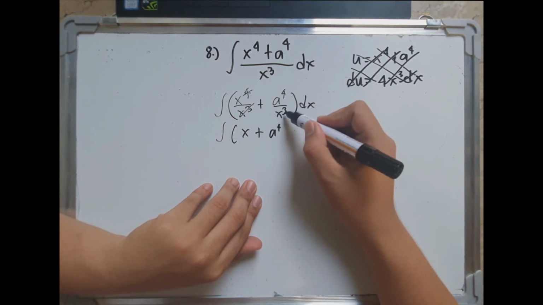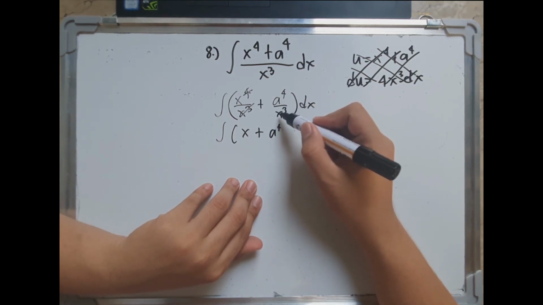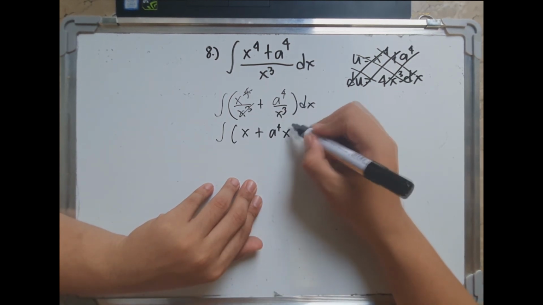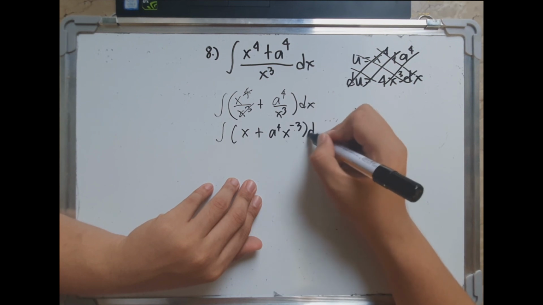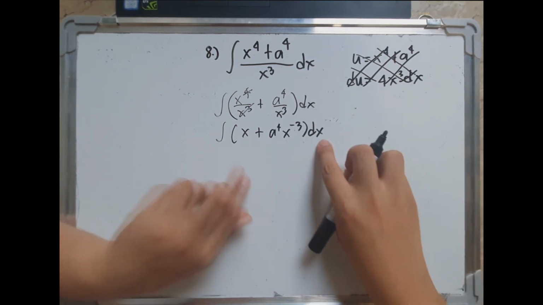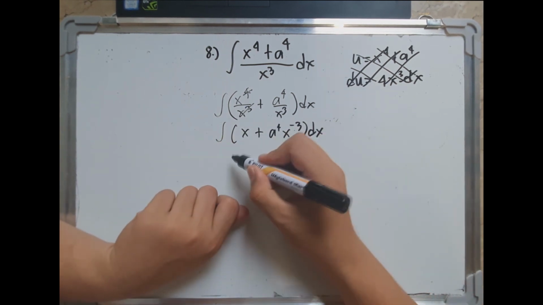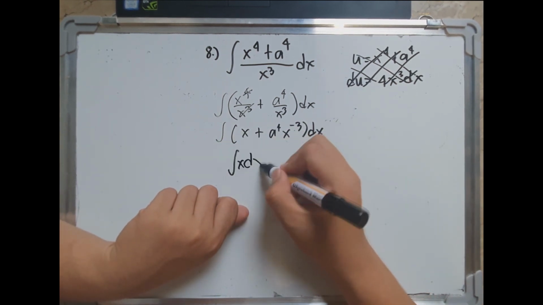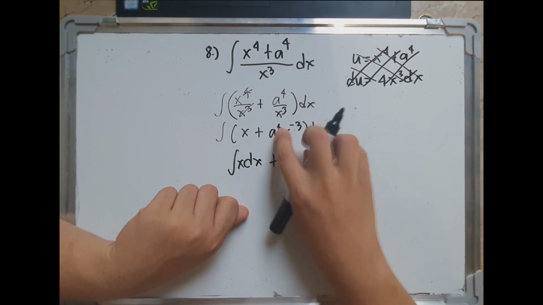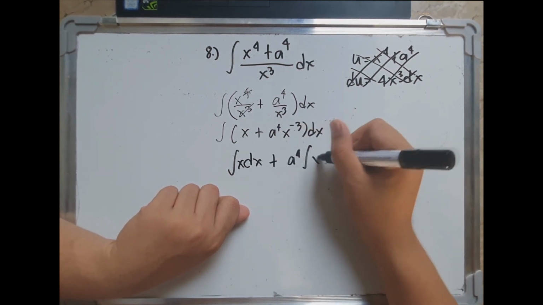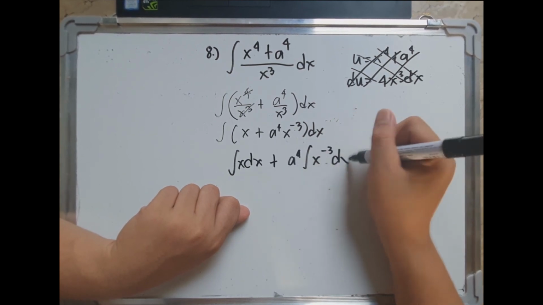How about x cubed? Rewriting this one using the inverse, we have x raised to the power of negative 3 dx. We could distribute the integral symbol and our dx to each of the terms. We now have the integral of x dx plus a to the 4th, which is constant, times the integral of x raised to the power of negative 3 dx.